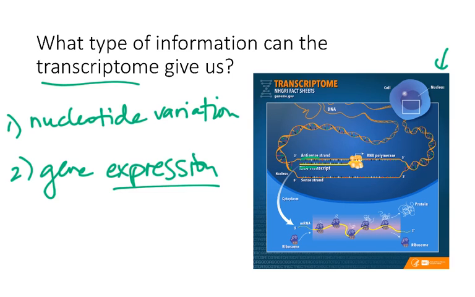That's then translated, your mRNA is translated by the ribosomes. So when you're doing a transcriptome study, by sequencing this RNA, you can work backwards and get information about nucleotide variation that was on that original template DNA strand. But by looking at also how many copies of this mRNA you have, which is what you can get from a transcriptome study, it can also give you information about the level of gene expression.